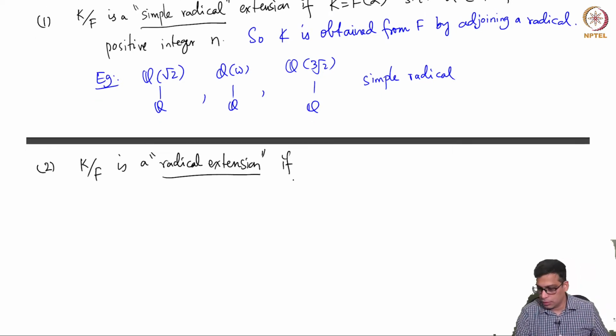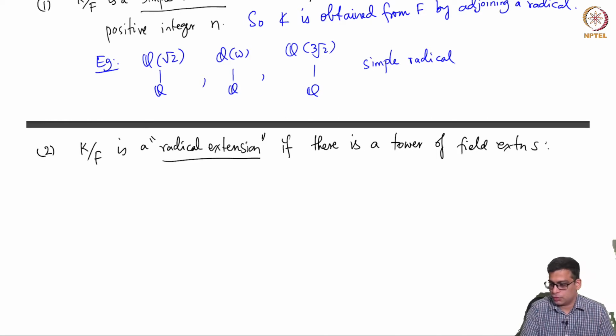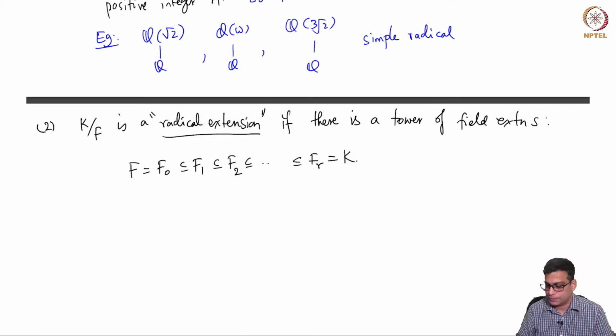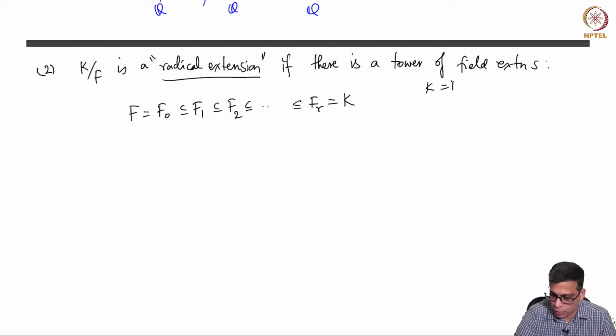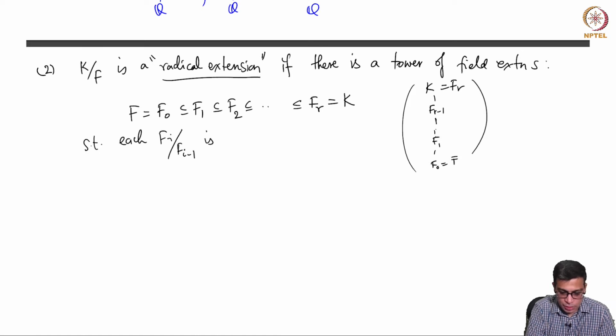If there is a tower of field extensions, so this is the following, F equals F0 contained in F1, contained in F2, all the way up to Fr, which is K. Our usual way of denoting this is, I just did this to save space, but right, this is our usual way of describing such a tower, such that each of these extensions is simple radical.